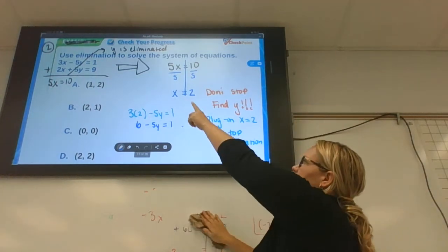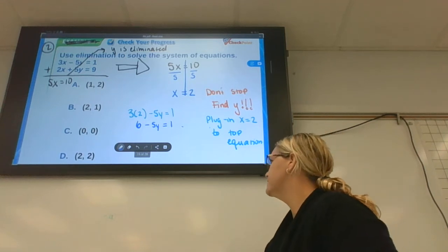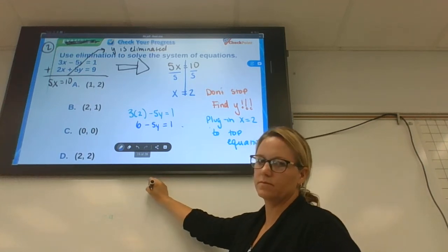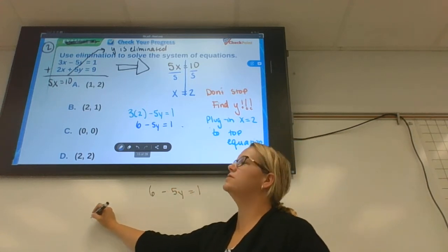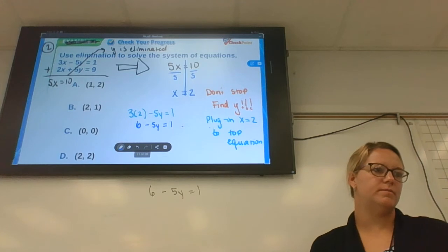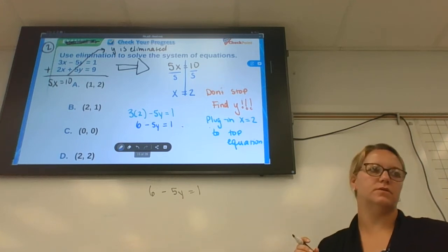I plugged this into the top problem, so I'm using the top equation now. You can use the top or the bottom. Did you use the bottom? No. Go to the original problem.